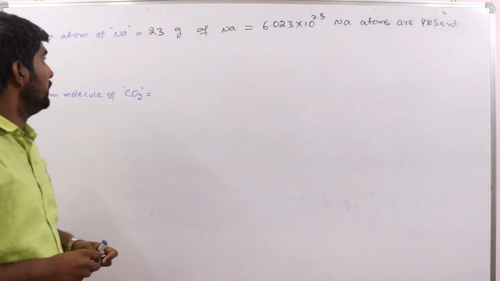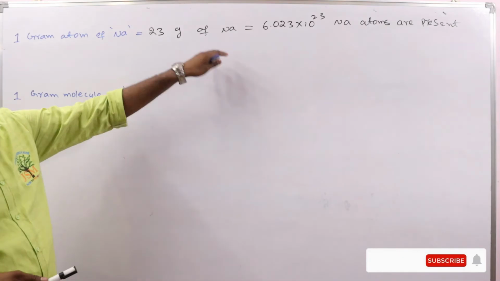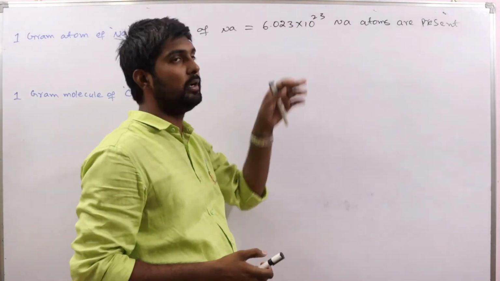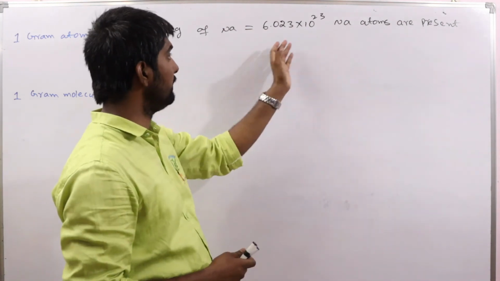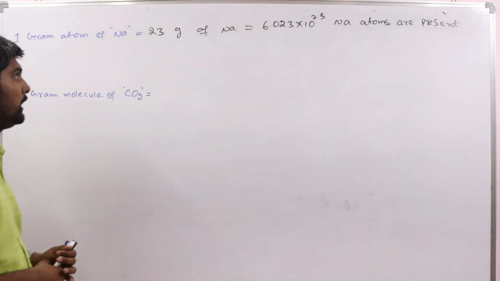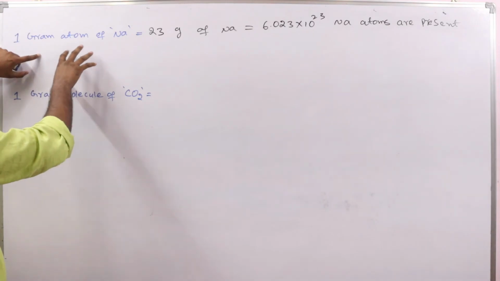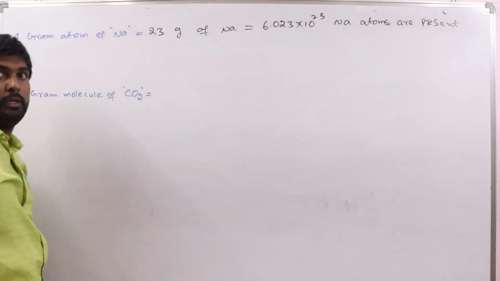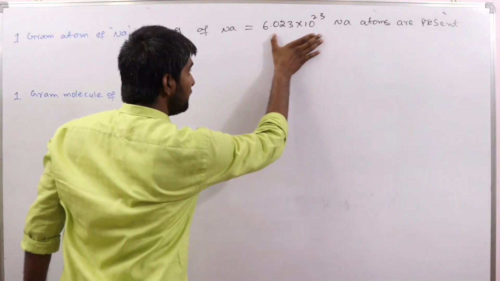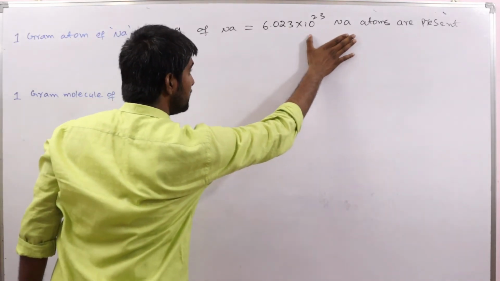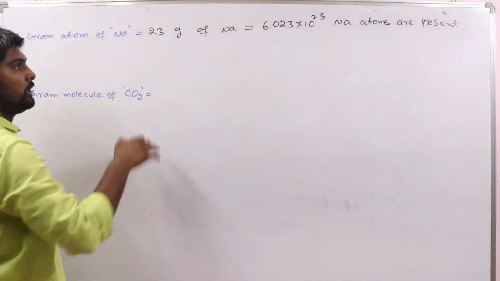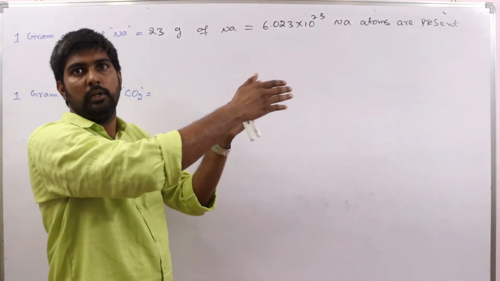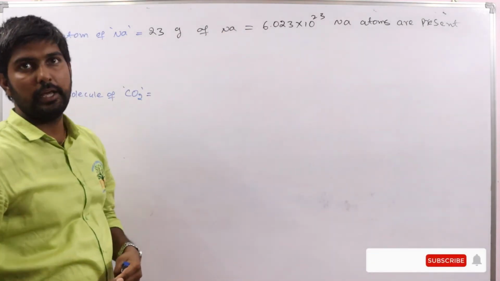In 23 grams of sodium, how many sodium atoms are there? 6.023 into 10 power 23, or Avogadro number of sodium atoms are present. So 1 gram atom of sodium has these many sodium atoms, or the weight of 6.023 into 10 power 23 sodium atoms is 23 grams of sodium. Like this, we can understand the relations easily.